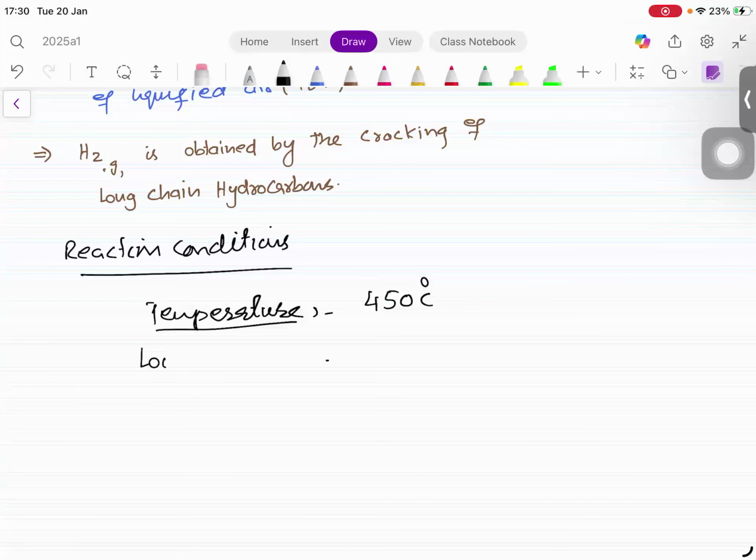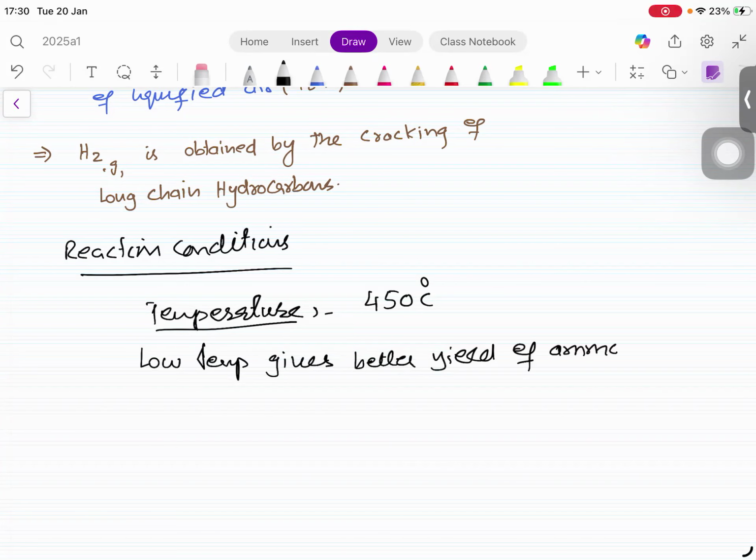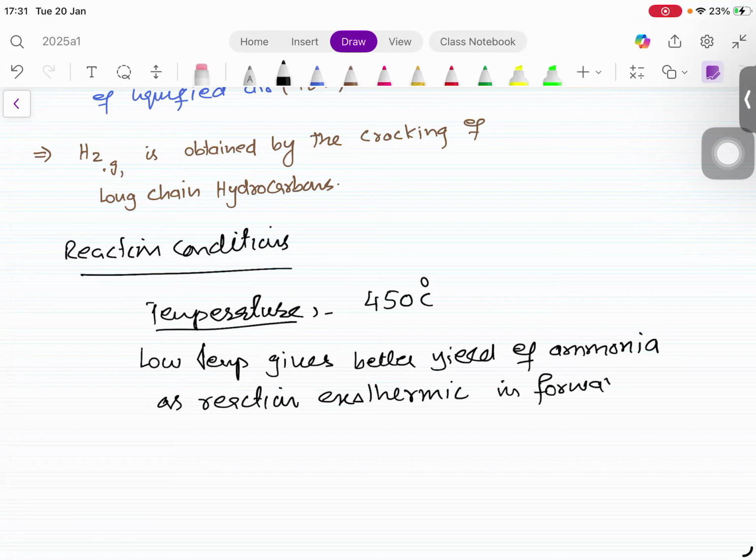So what you will write: low temperature gives better yield of ammonia as the reaction is exothermic in the forward direction, and lowering temperature shifts equilibrium to the right hand side.